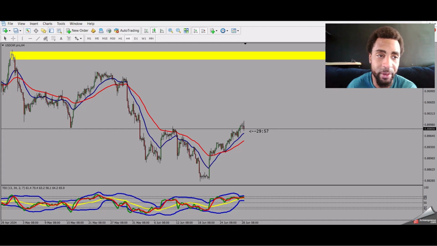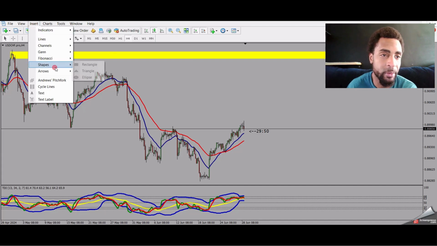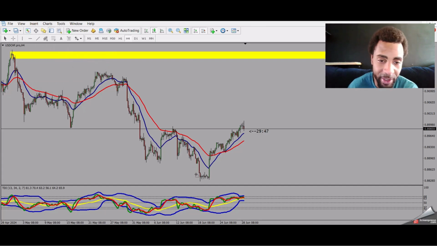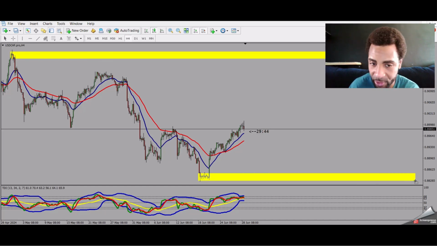Okay, so you want to see some type of break in structure. Oh, look at that. We got a little break in structure right there. Let's make that black because we had the stops as blue. Okay, cool. So criteria: one, trending downwards.